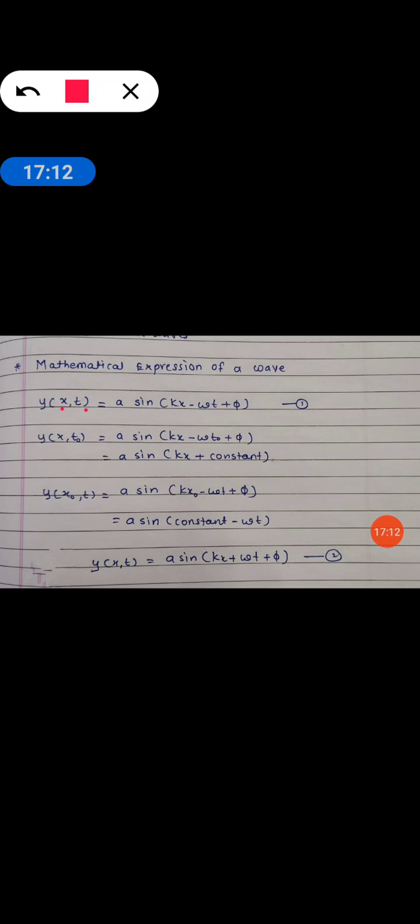The displacement of the particle from its equilibrium position is given by the symbol y. So, this first equation gives the sinusoidal waveform for the progressive wave.